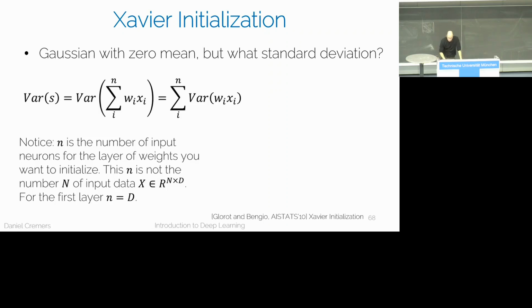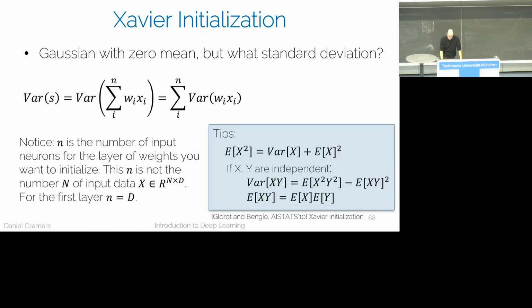So the question is, how do I need to choose the weights W such that the variance of the score remains the same as the variance of x? That's kind of the idea. And that requires some calculations. It's not very lengthy, but it takes some time and some practice to do these calculations.